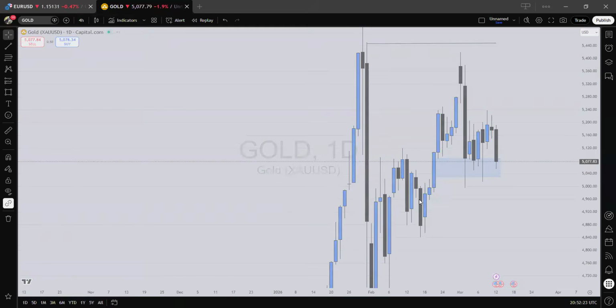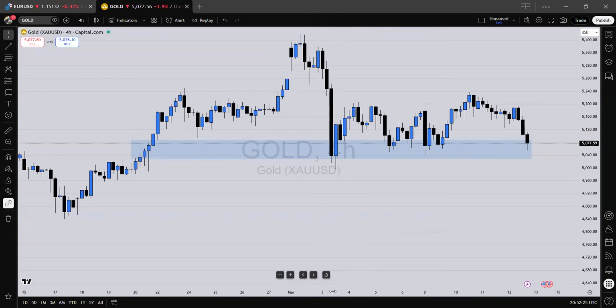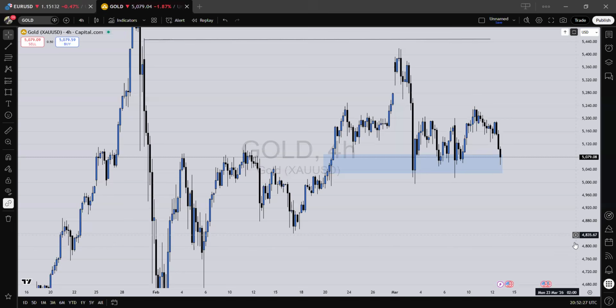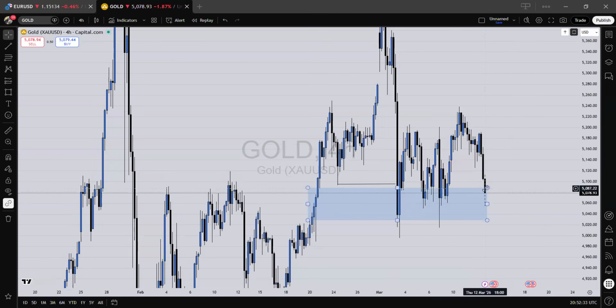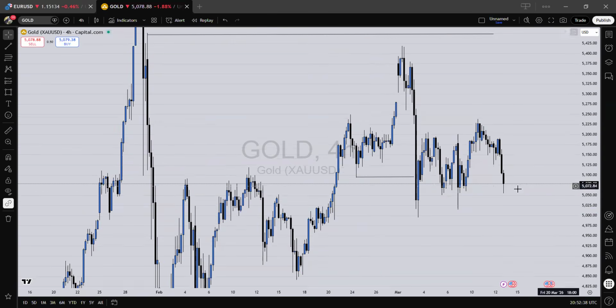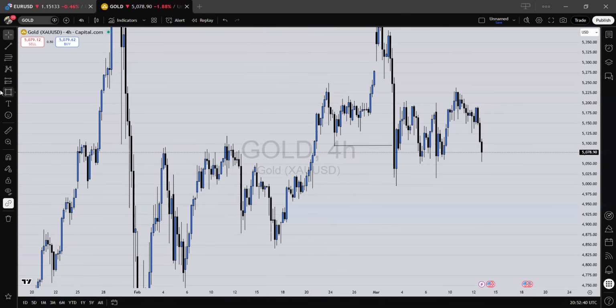If we go to the 4 hour time frame, what we have now is that price, I've taken this as inducement. Structurally, the following demand has been taken.